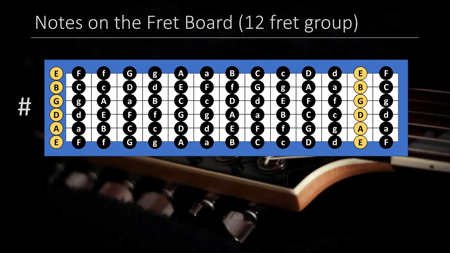So I've mapped this into here. So you've got your E, A, D, G, B, E, and then 12 frets down you've got the same E, A, D, G, B, E, and then it follows again all the way down the fretboard.